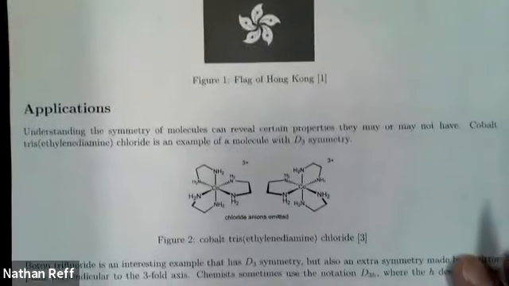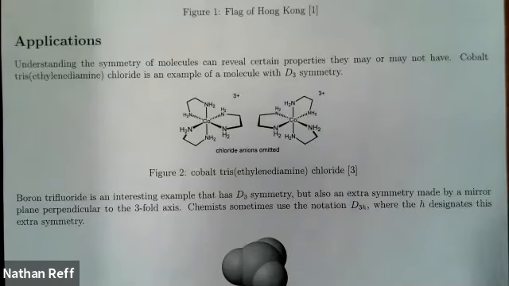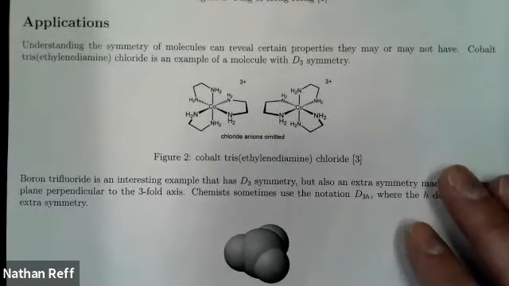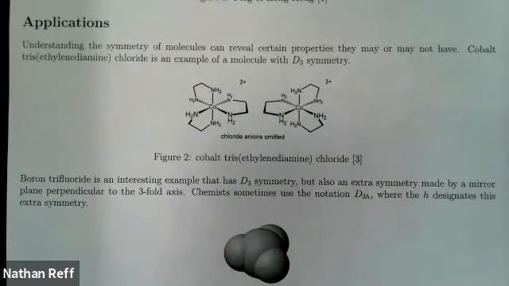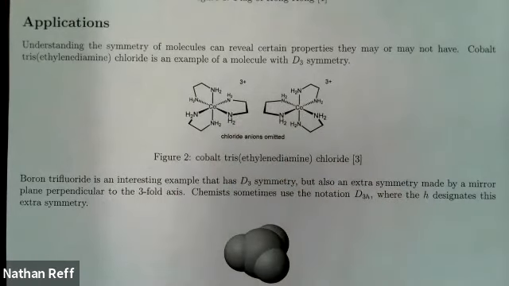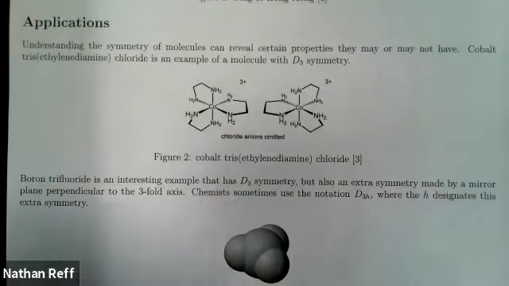Now, applications. I think I might have mentioned this before, but understanding symmetry can be really important for a lot of applications, especially when you get down to very small scales. For example, if you're a drug manufacturer and you want to produce things on a mass scale, sometimes you'll produce a molecule in its chiral or mirror image molecule. And sometimes when you're doing testing, one of those can be very bad and one of them could be really good.